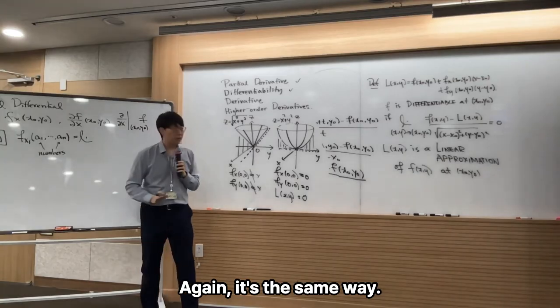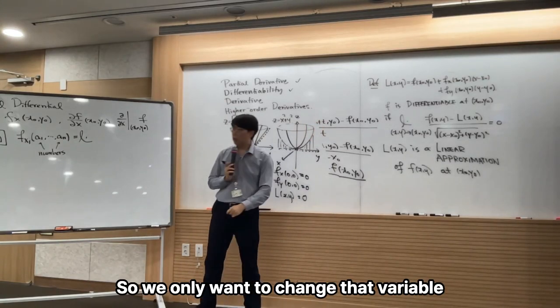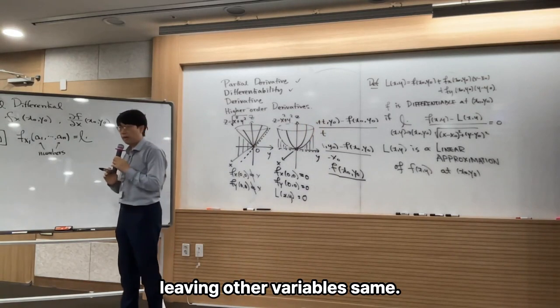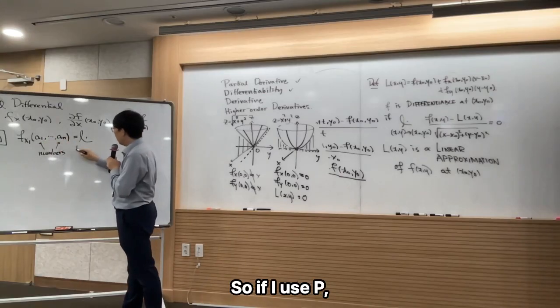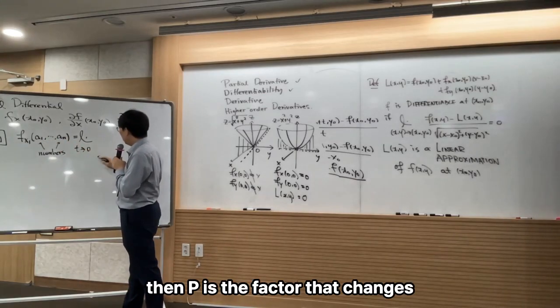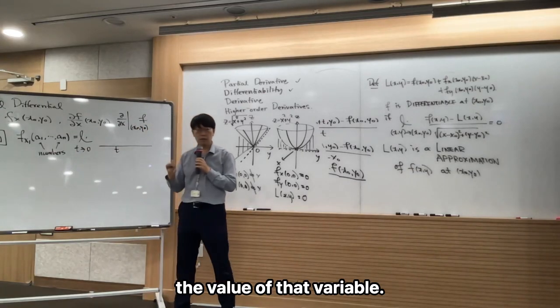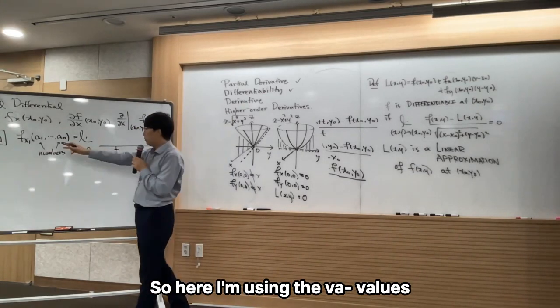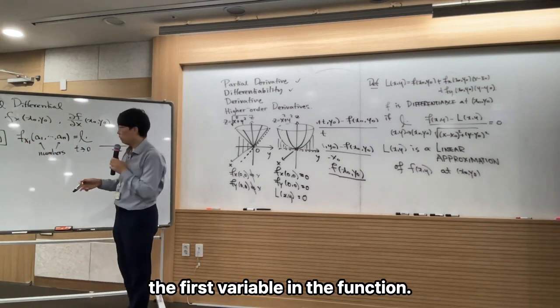Okay. So how is it defined? Again, it's the same way. We only want to change that one variable, leaving the other variables the same as they are, as constants. So if I use t, then t is the factor that changes the value of that variable. Here I'm using the first variable in the function.